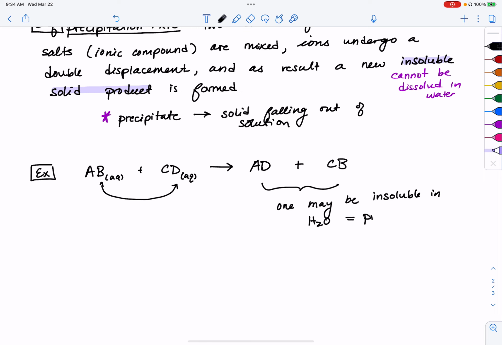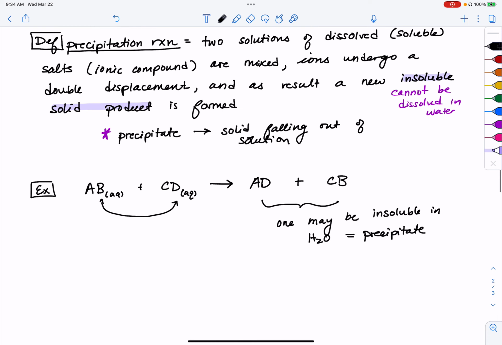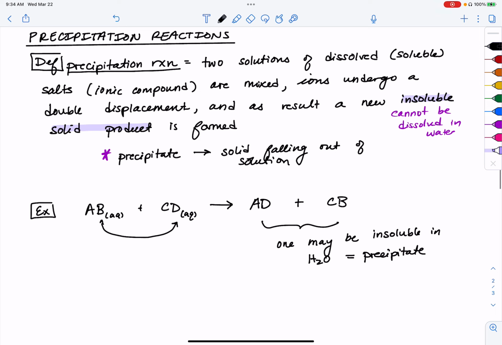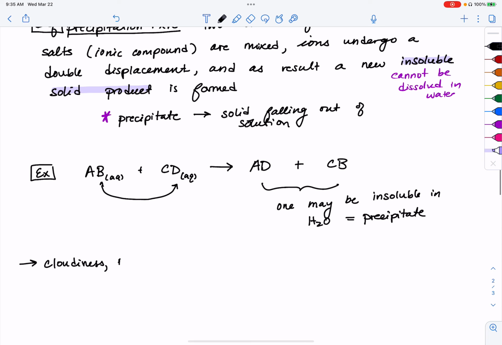In other words, one of these would be a precipitate. So anytime you saw in lab yesterday cloudiness, murkiness, opacity, solids, you were witnessing some kind of precipitation reaction.